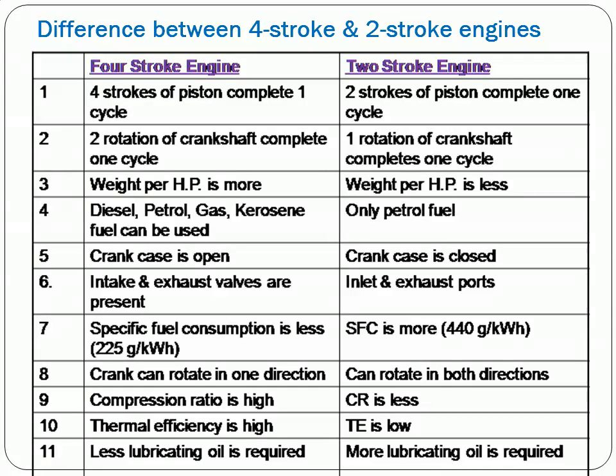The second difference is two rotations of crankshaft complete one cycle, whereas in two-stroke engine, one rotation of crankshaft completes one cycle. The third difference is that for a four-stroke engine, weight per horsepower is more as compared to that of a two-stroke engine.